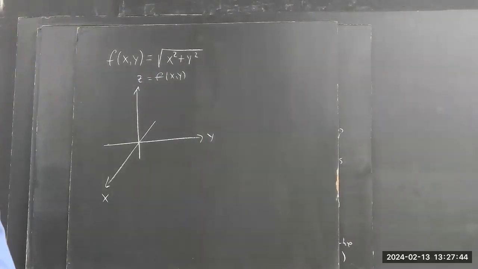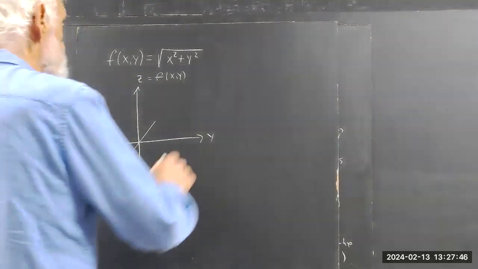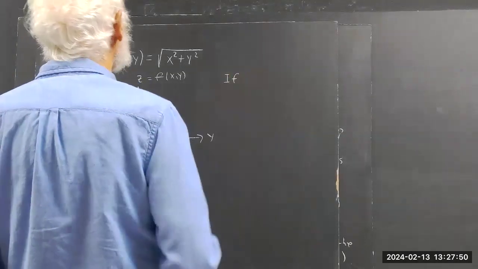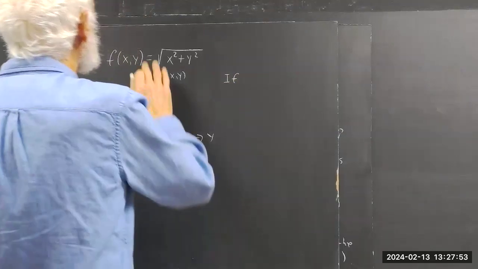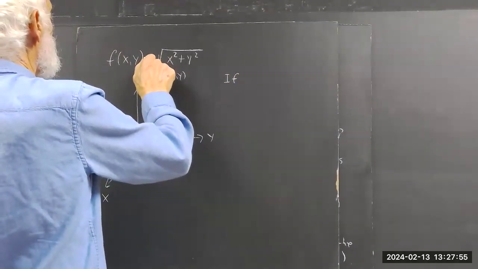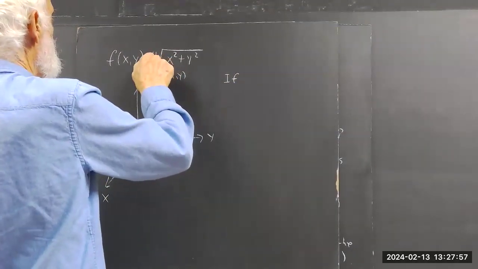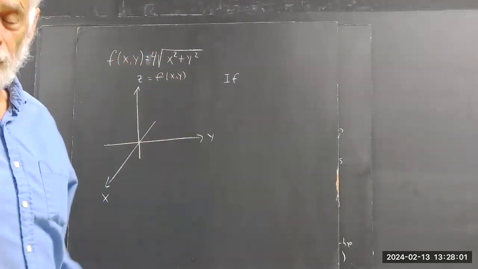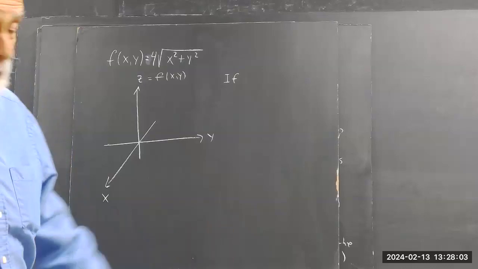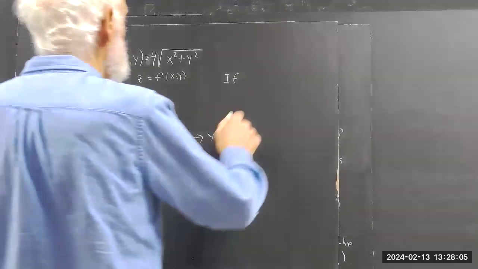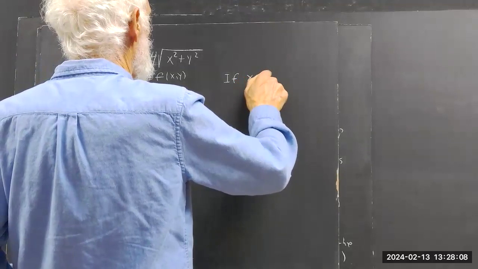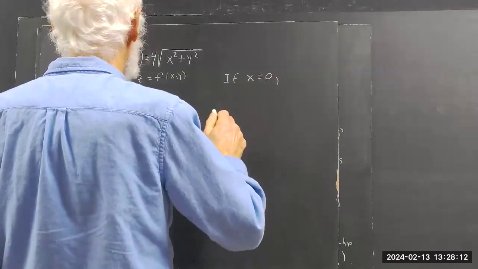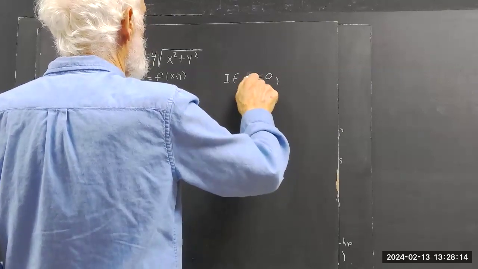But we're familiar with the idea of level curves. I'm going to do 4 equals the square root of x squared plus y squared, so I can use integers and fractions. Z equals 0.